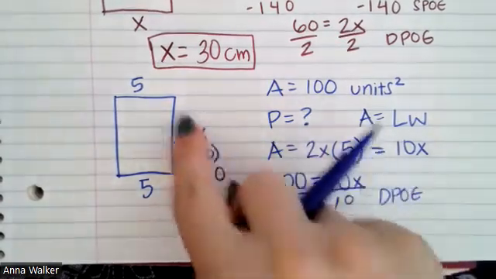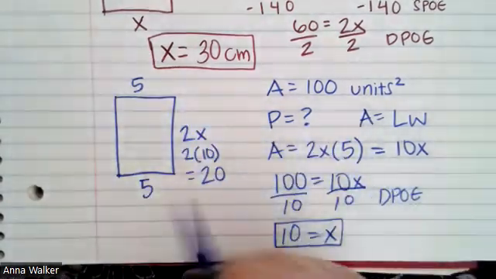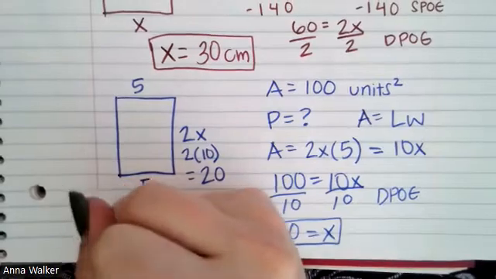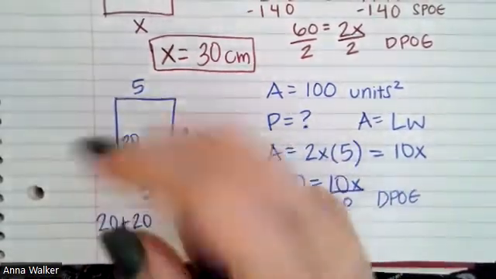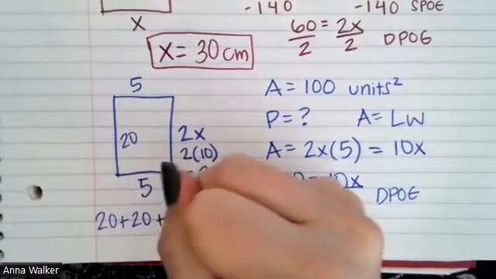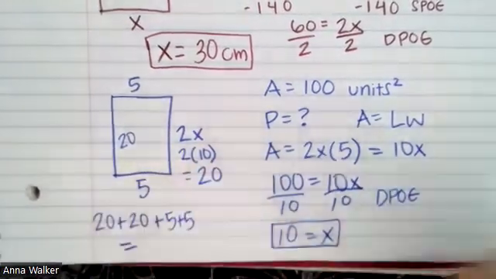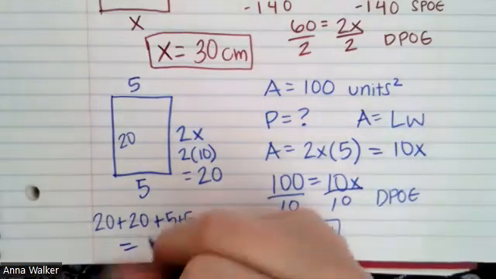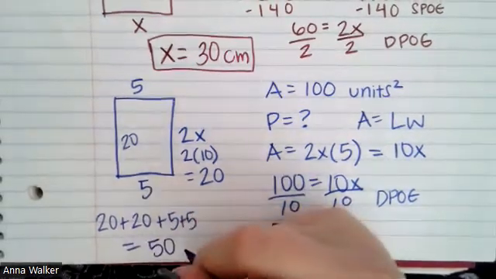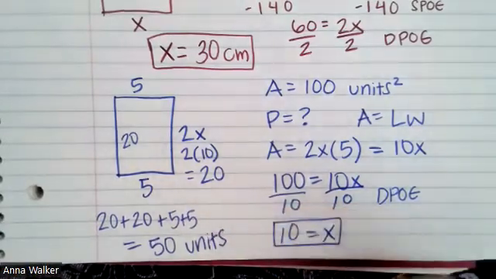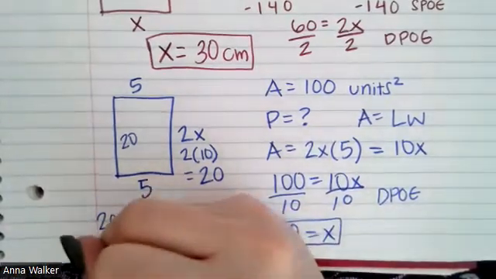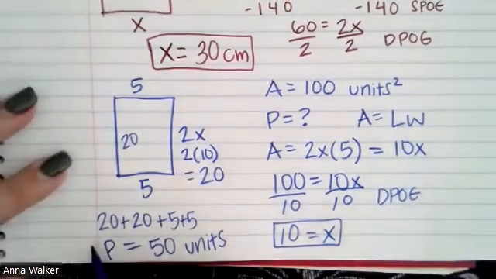So to find the perimeter, I'm going to add up my 4 sides. I have 20 plus 20, because this side is now 20, and then 5 plus 5. This is all equivalent to 50. Whatever the units are, we can say units. So our perimeter is equivalent to 50 units.